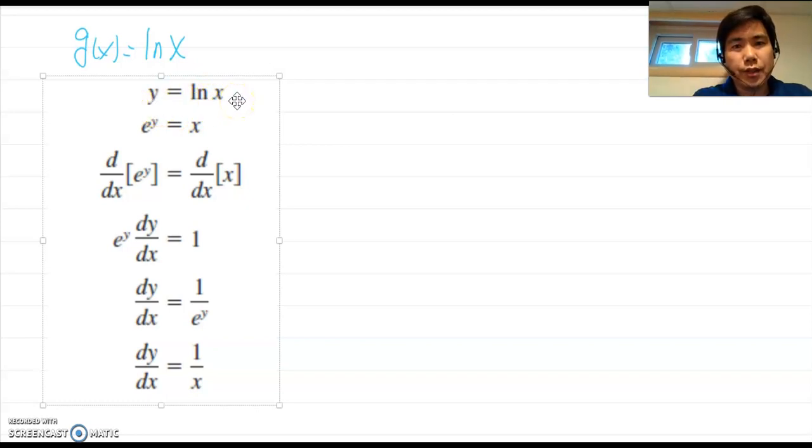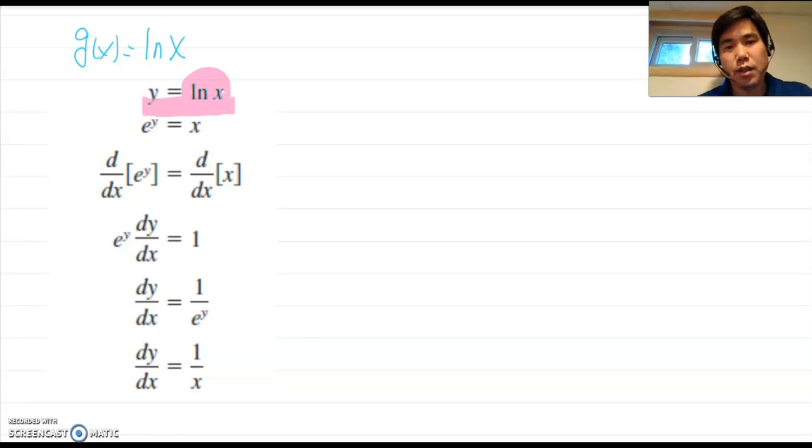Whenever we have a logarithm function, on one side you see the log, and on the other side the inverse becomes the exponent, right?